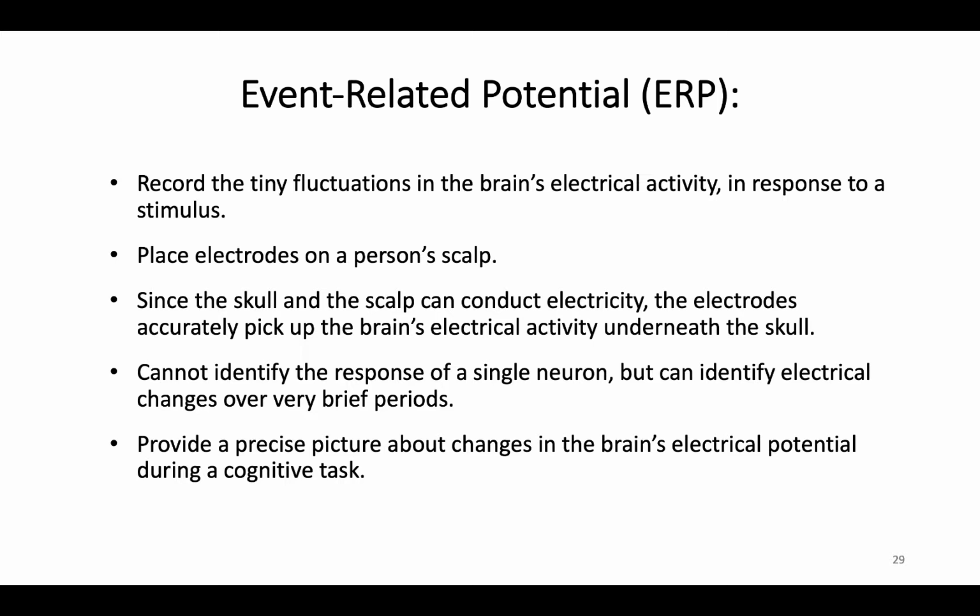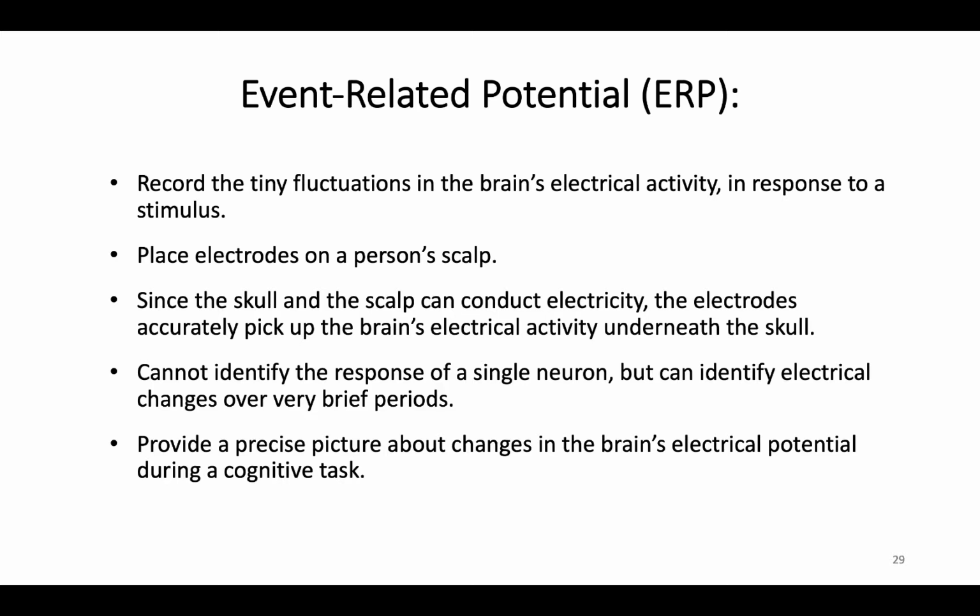ERP provides the change in the brain's electrical potential while people perform a cognitive task. The human brain would respond more dramatically when the person watches a mouth open than when the person watches a mouth close.